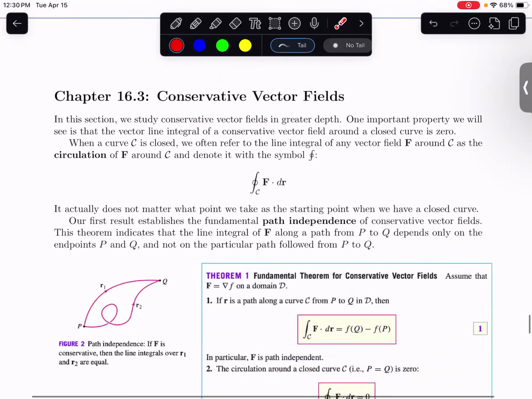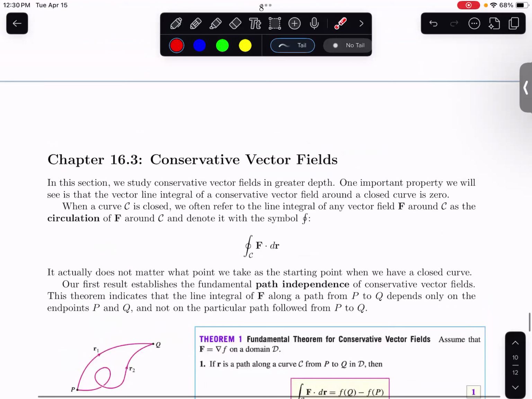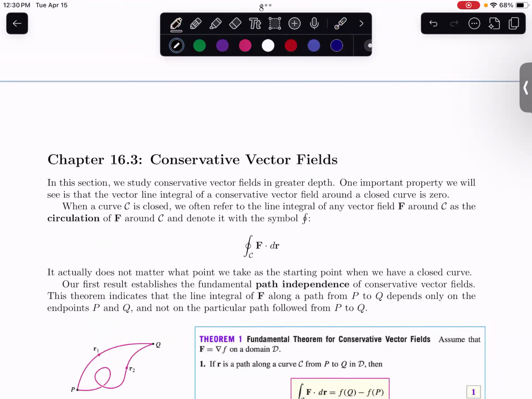Do I have any reminder of what a conservative vector field is? Okay, so just as a reminder, a conservative vector field is the following. So we have F. This is from section 16.1, but we did that last week, so maybe you don't remember.